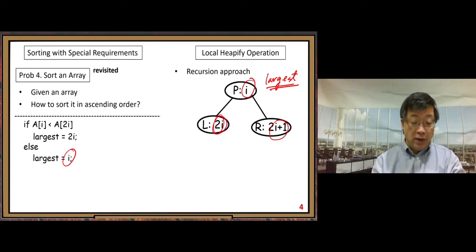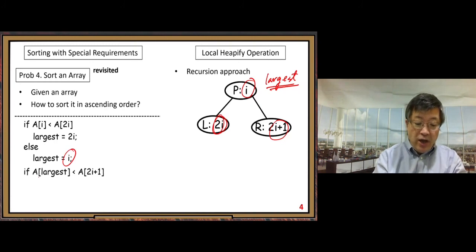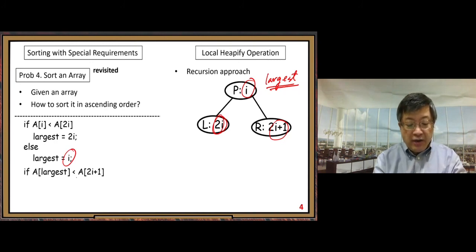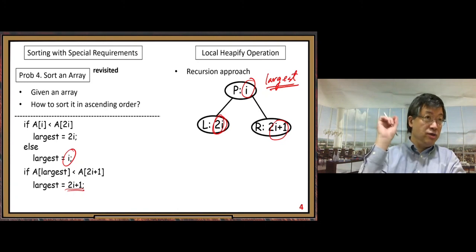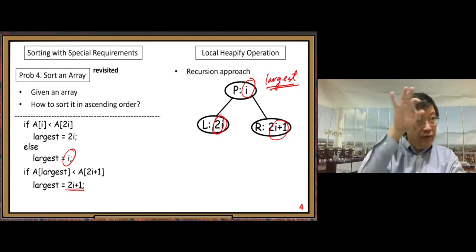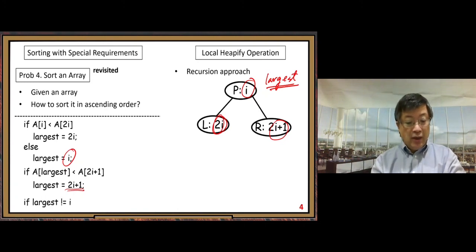So we check whether A of largest is less than A of 2I plus 1. If that happens, we update the largest variable with the value 2I plus 1, because we want to store the index that corresponds to the largest value among the 3 nodes. Otherwise, we don't need to change anything.